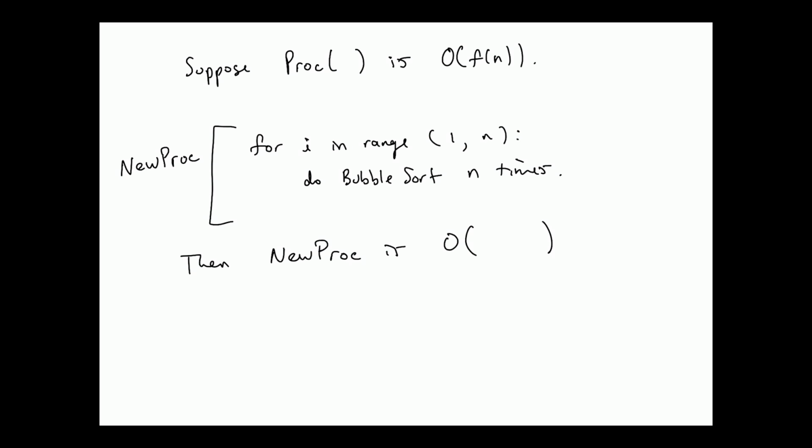First off, what's the complexity of a single instance of the bubble sort algorithm, just doing it once? N squared, right? We've seen that decidedly. What do you think happens to the complexity if I do it n times? Sorting 10 cards 10 times, 100 cards 100 times, and so on.